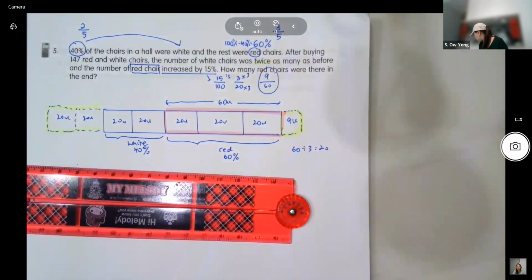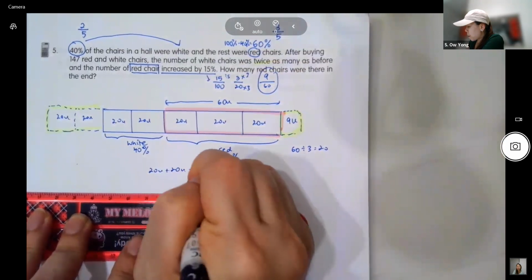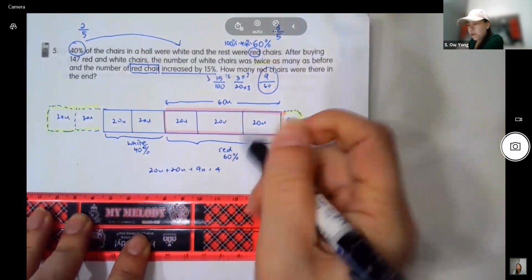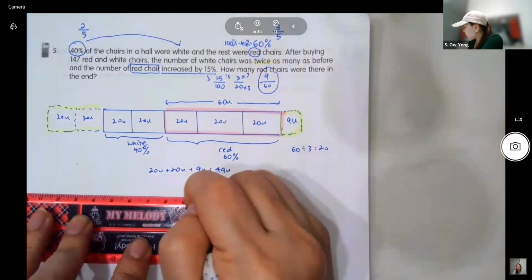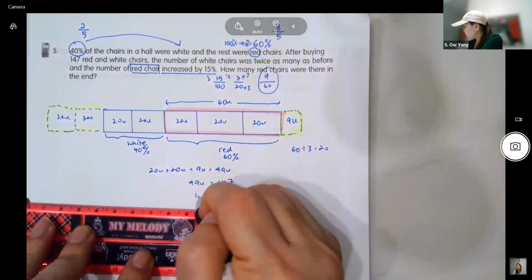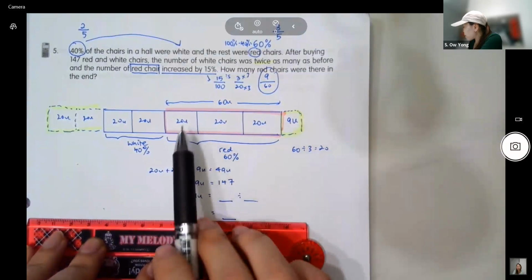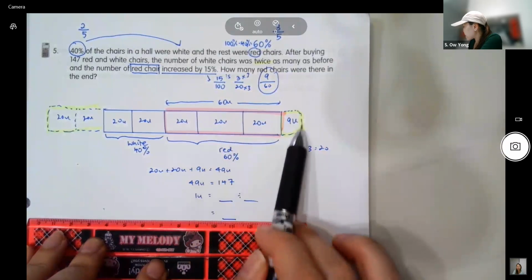So are you able to use the 40 units to solve? Yes. You see, 20 plus 20 plus 9 is 49. If 40 units correspond to 147, find 1 unit and find the number of red in the end.